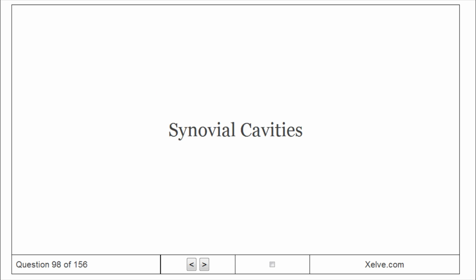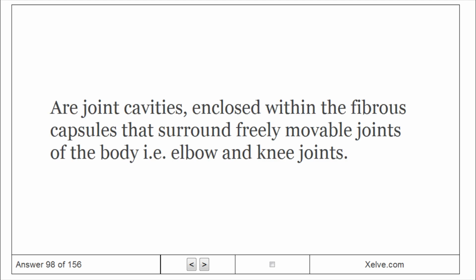Synovial cavities are joint cavities, enclosed within the fibrous capsules that surround freely movable joints of the body, i.e., elbow and knee joints.